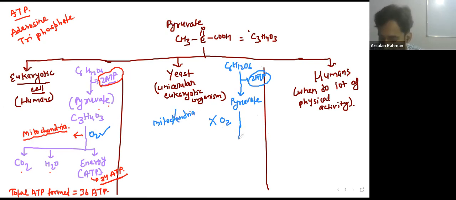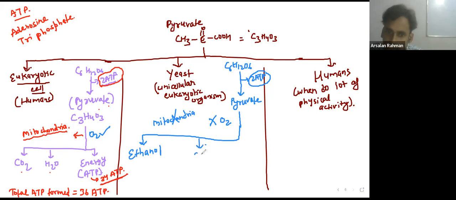So this pyruvate will break into lactic acid. Sorry, slight correction. This pyruvate will convert into a compound named ethanol and CO2.